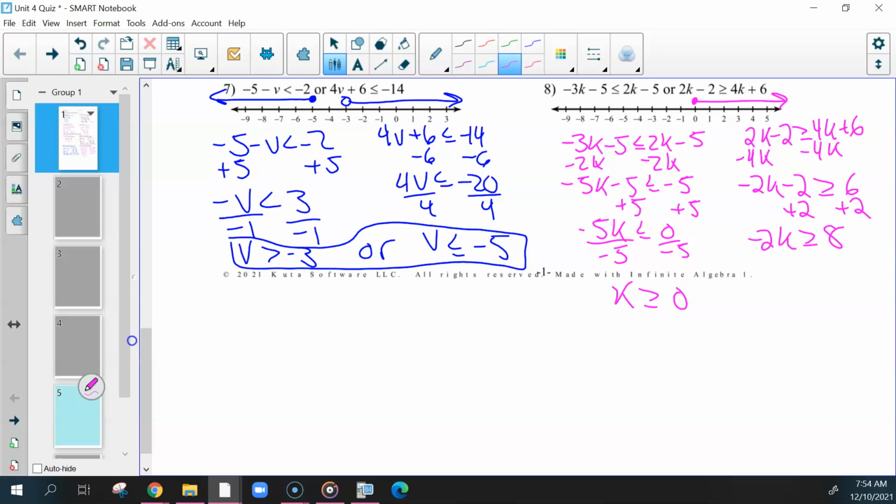Divide everything by negative 2. So our sign changes direction once again. It is now less than or equal to negative 4. So that would be a closed circle at negative 4 going to the left. And 4.